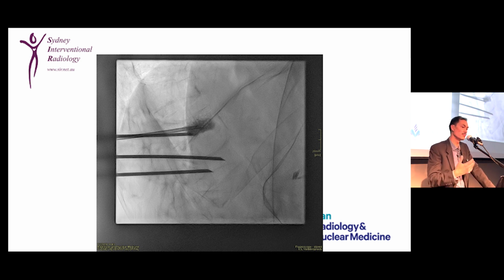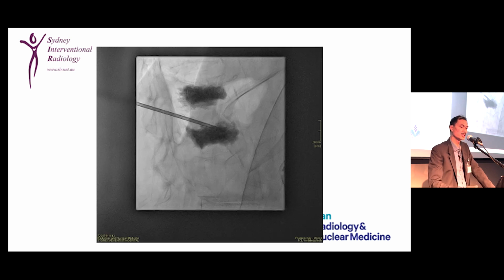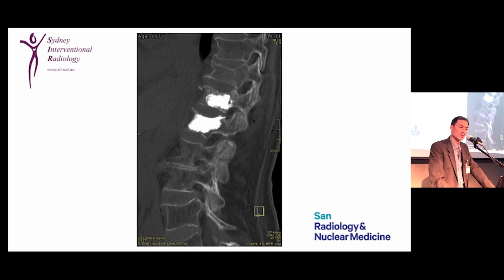We only have a few minutes to inject cement once we mix it up, so we try to get all the needles into position first. And you can appreciate the dense bone cement filling the osteoporotic fractures. This is a high-resolution CT image of the bone cement after the procedure is completed. You can see how it's filled up and stabilizes the fractures, and by minimizing the fracture movement, it reduces the pain.